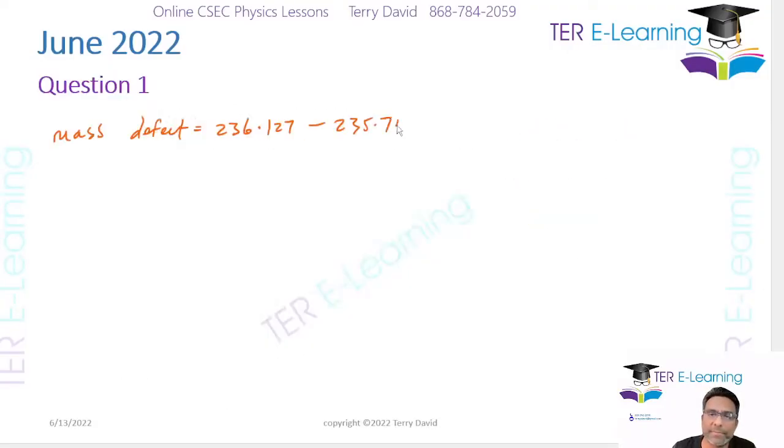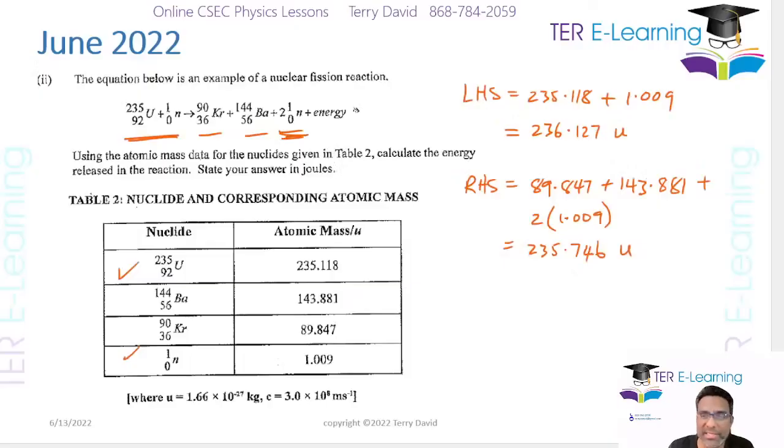That's going to give me my mass defect in U. And I'm getting a mass defect of 0.381 U.